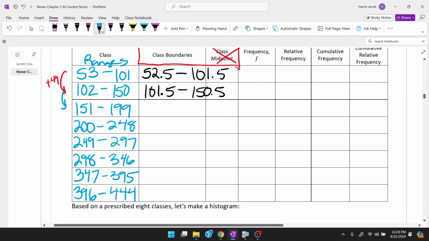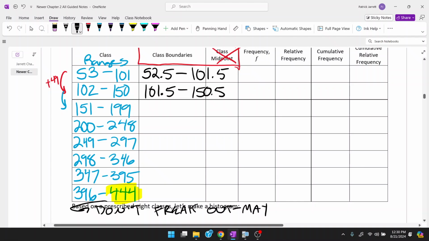Now, a lot of people might get flustered and see, wait, 444? But wait a second. What was the maximum value? 440. This is not going to match the maximum value. So don't freak out on that.